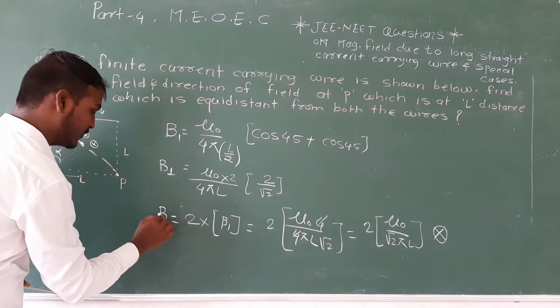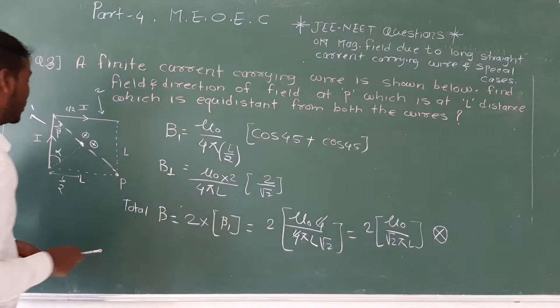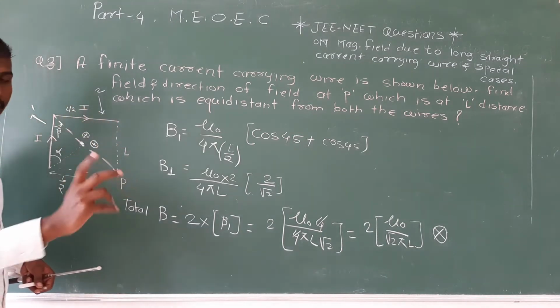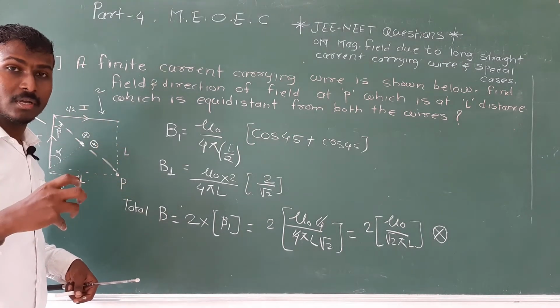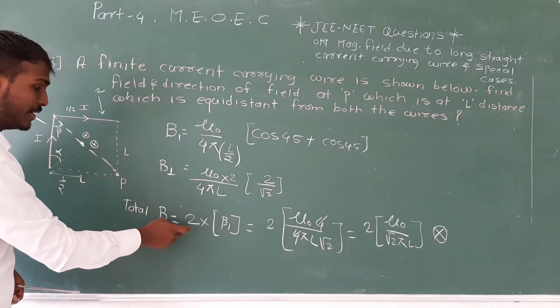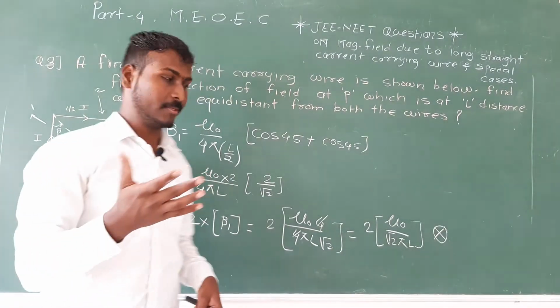Now the total magnetic field will be nothing but 2 into B1, because the length is the same, the current is the same. So definitely the same magnitude of magnetic field this conductor will generate. So we just have to multiply by 2. Now we are going to add or subtract, it depends on the direction.